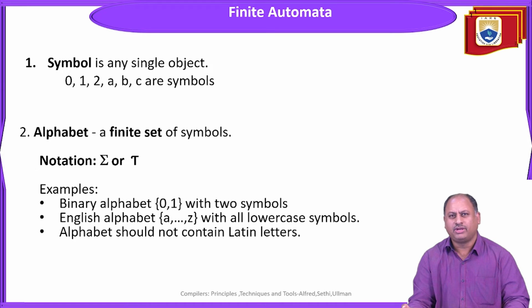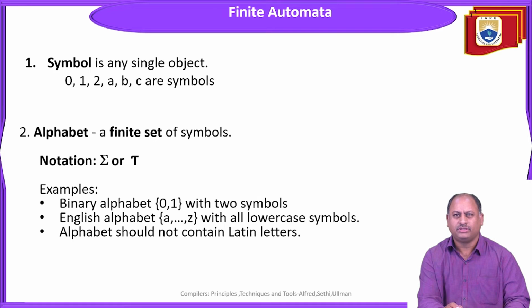There may be numerals or characters, like 0, 1, 2, A, B, C. We can also specify a notation, that is, a finite set of symbols, such as 0, 1, and a combination of symbols is used to represent an alphabet. So, a string like MAX is formed from the symbols only.